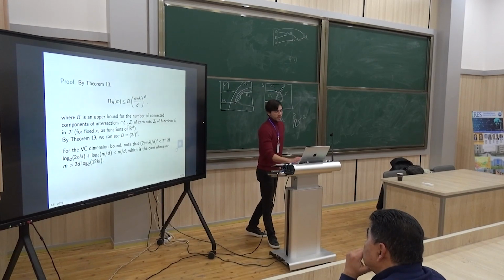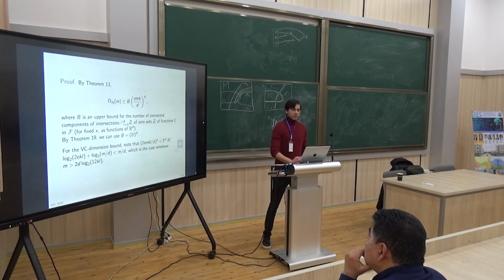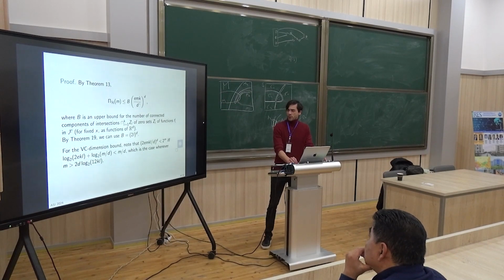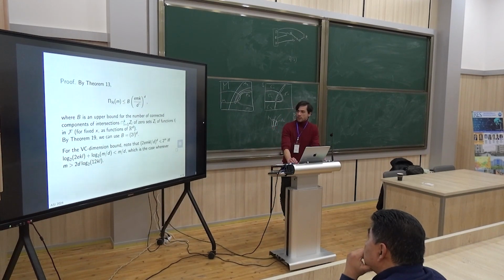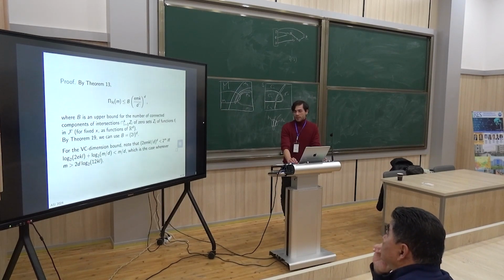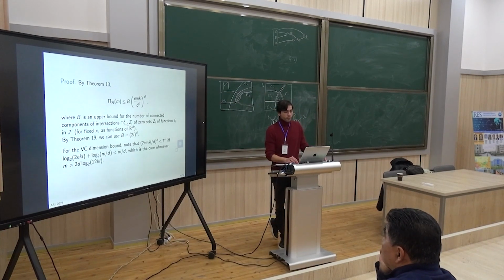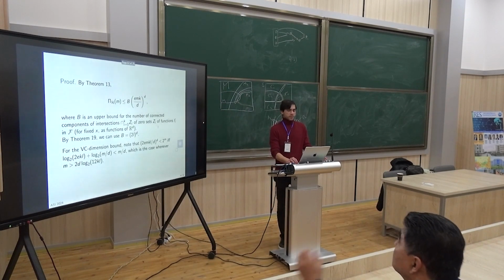This is just by inserting the statement from the theorem for the solution set component bound into the growth function, and the assumptions that we're making about the parametrization of our class. So basically multiply by this expression in here, and we end up getting our result.